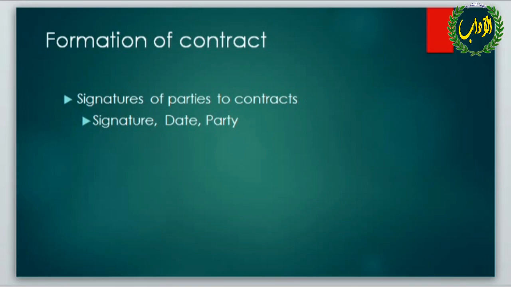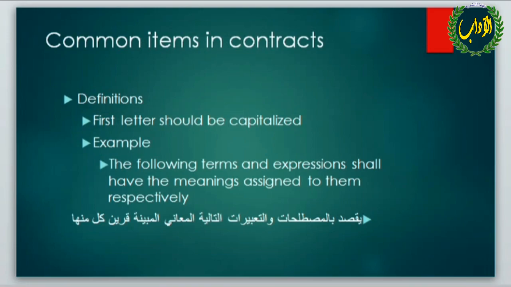Now we'll talk about common items or clauses in contracts. First, definitions. Definitions must be used to make the interpretation of a contract easier. They make contract provisions concise, and the use of defined terms should at all times reduce any risk of ambiguity.